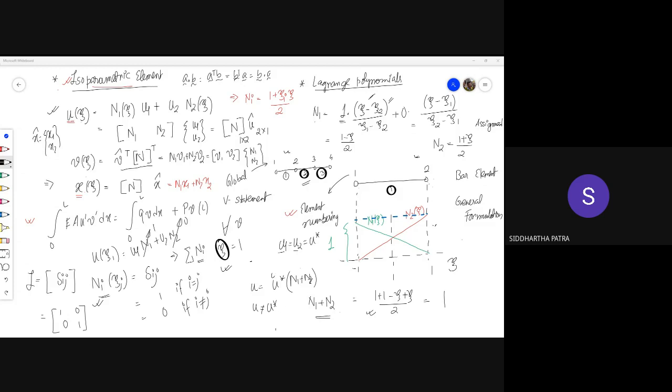But if that condition was not met, u1 equals u2 could also mean that somewhere between 1 and 2 there is this variation of u.